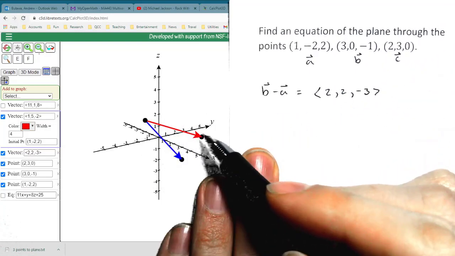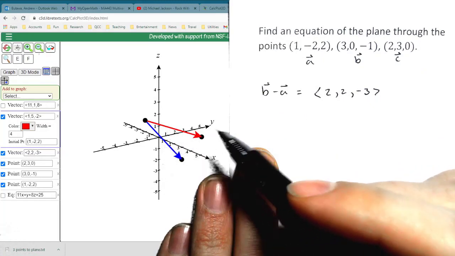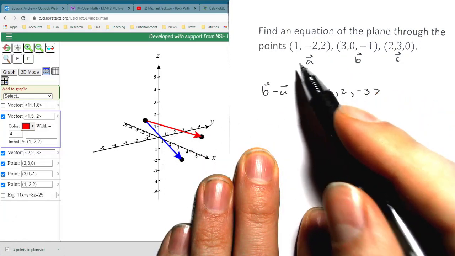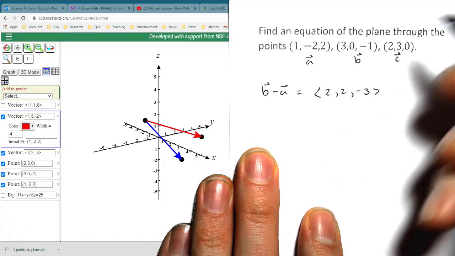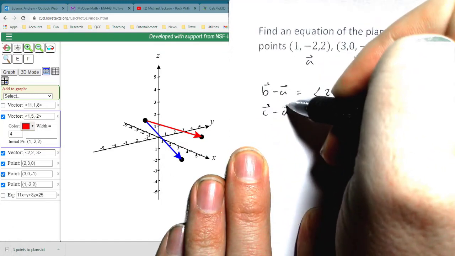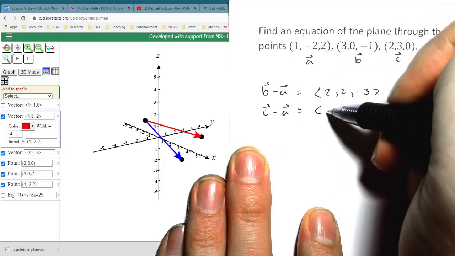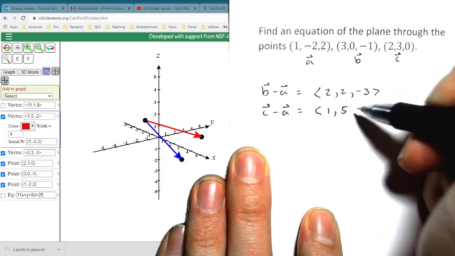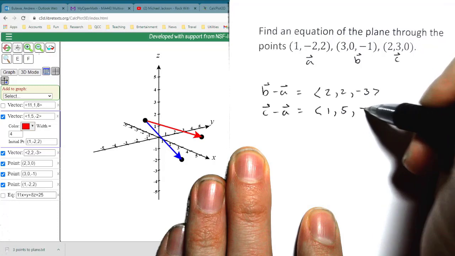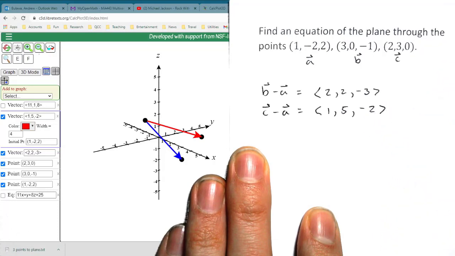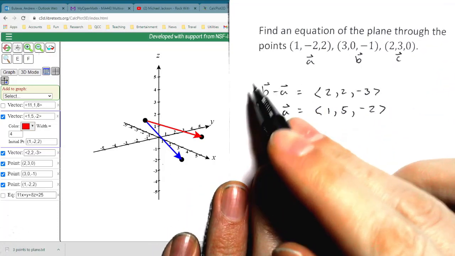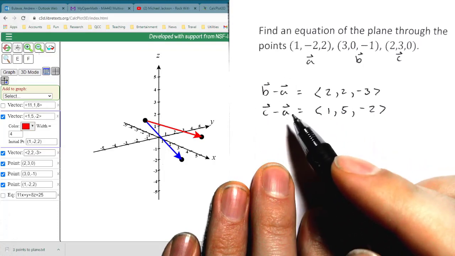And then this red vector is the vector C minus A. Okay, so how do I do that? Well, I just subtract component-wise, so I get 1, 5, negative 2. Okay? And we said we need to compute the cross product of these 2 vectors.